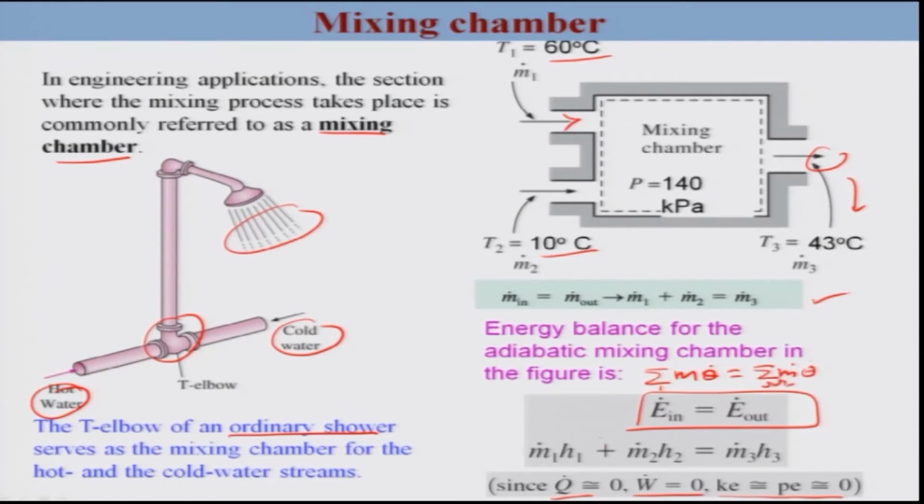For this system, where the kinetic and potential energy changes are 0, your summation mH inlet should be equal to summation mH outlet. This is what is written here. So this is a simple energy balance for the case of a mixing chamber.